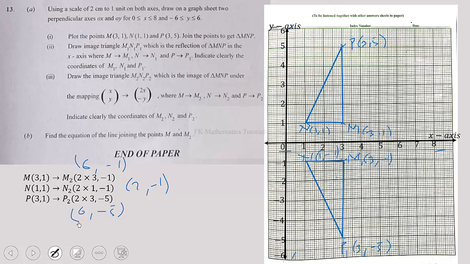So we plot 6, -1, 2, -1, and 6, -5. So that will give us P2 here, then N2 here, and M2 here.